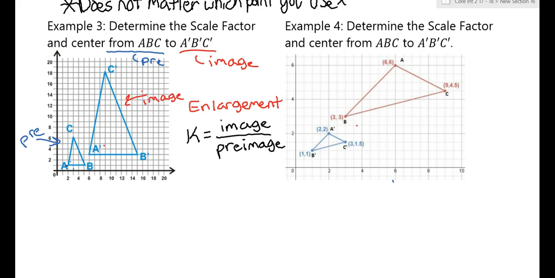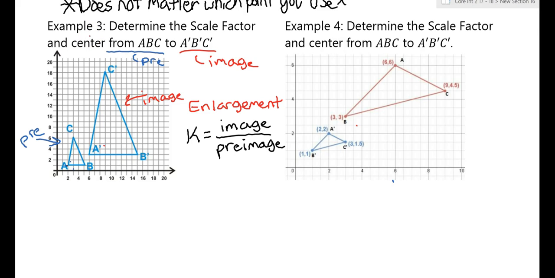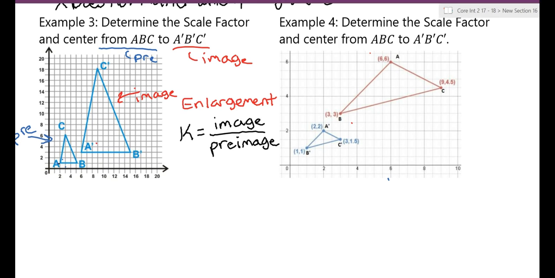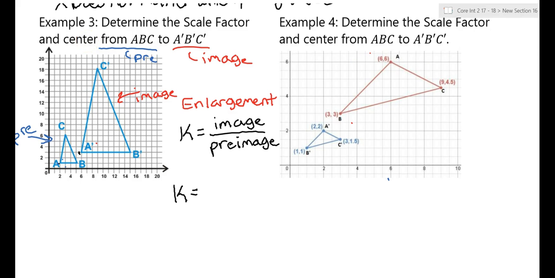Then K equals, I need to find a point in my image. And I'm going to use point A. Yeah, you could use point C, whatever. So this is the point in my image, and that point is over 6, up 3.